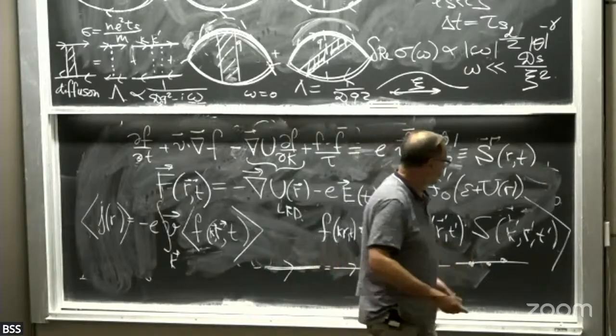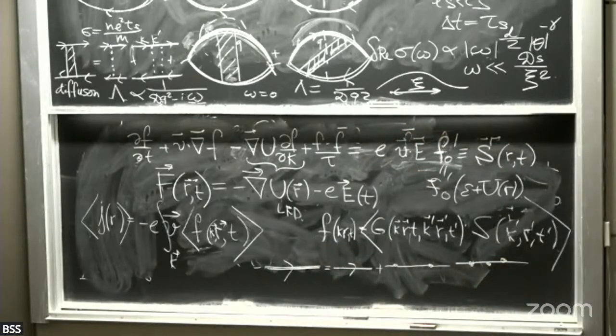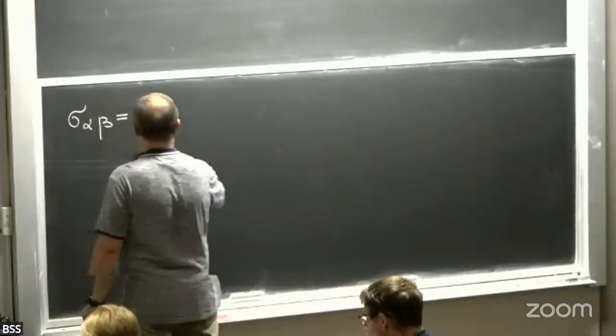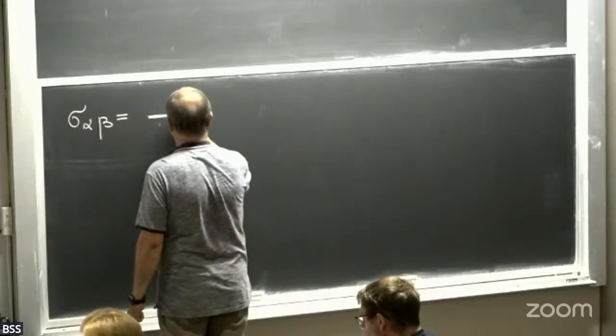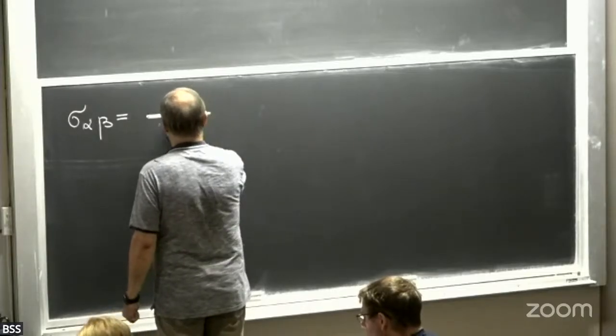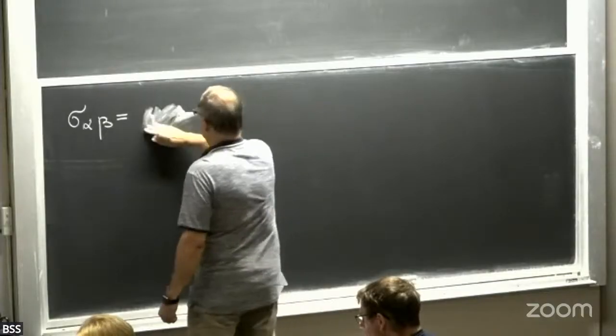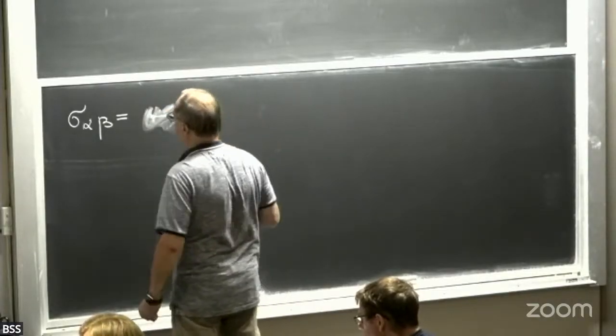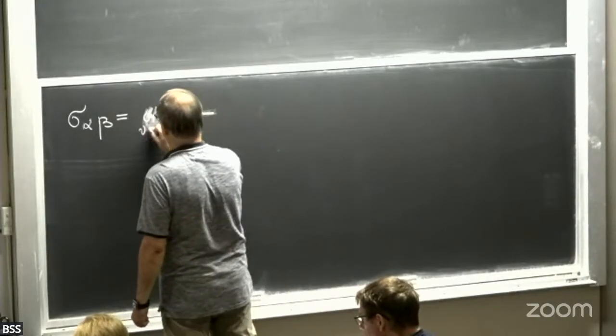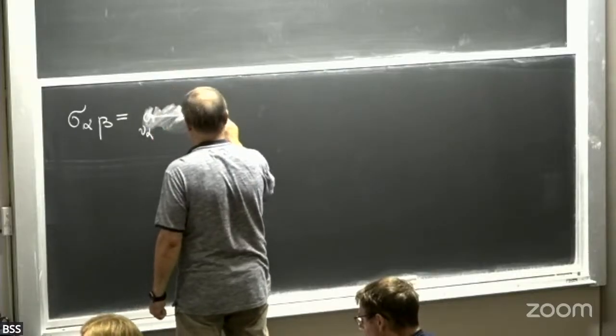And that actually forms a nice diagrammatic technique for the conductivity. So conductivity alpha beta is going to be given by, so this is the line without long range. So this is velocity component alpha, this is velocity component beta.